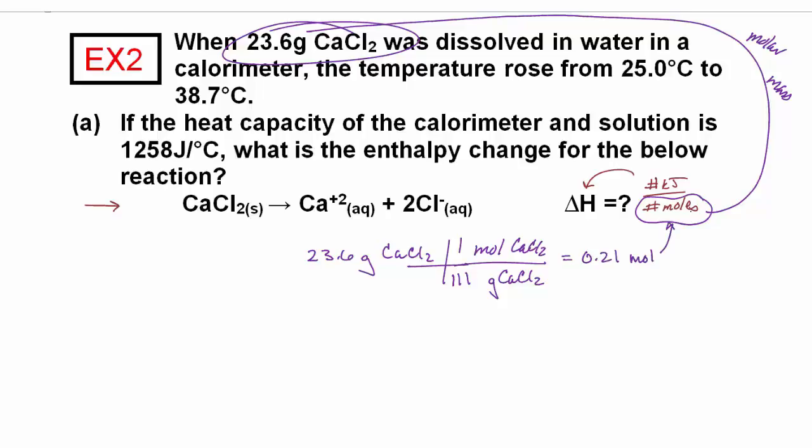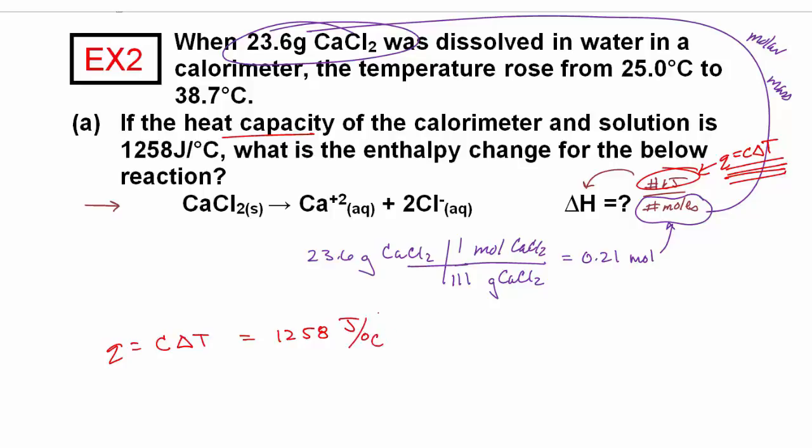So I have the purple part. I have the number of moles. Now I need to get the kilojoules. And notice they gave us heat capacity. So I'm probably going to use that equation, Q equals C delta T, because they gave us heat capacity. My heat capacity is 1258 joules per degree Celsius. Temperature is final minus initial.